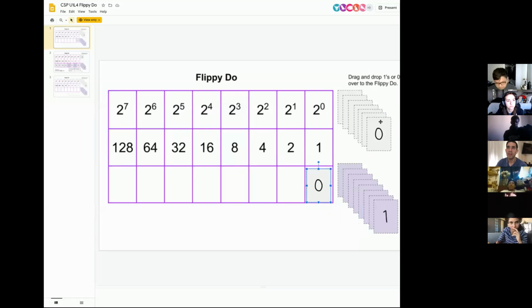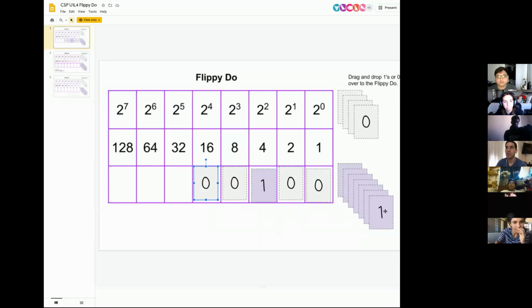Maybe a 1 into, let's say, the 8. That would give me 72, I believe. And then I would drag a 1 to the 4, and then ultimately I drag a 1 to the 1 position. So this is additional practice that allows us to just reinforce our understanding of the binary system.